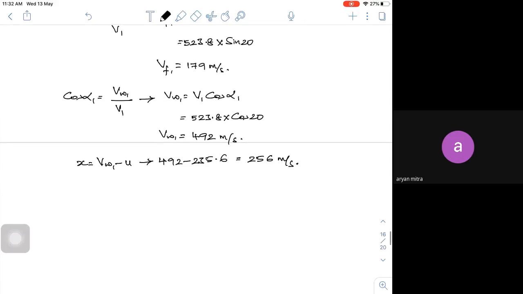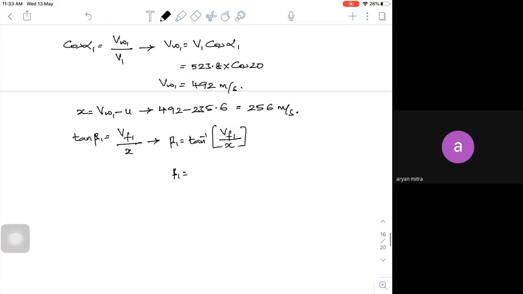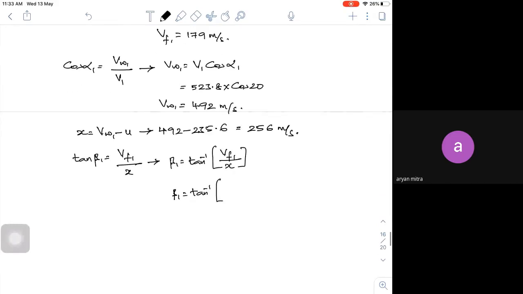Now, what is tan beta 1? Tan beta 1 is equal to the opposite side by the adjacent side, that is Vf1 divided by X. So beta 1 is equal to tan inverse of Vf1 divided by X, which is tan inverse of 179 divided by 256.